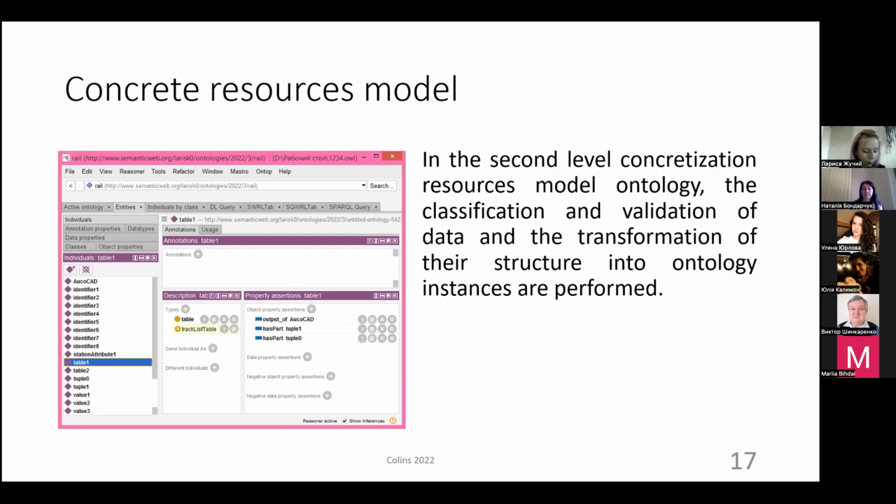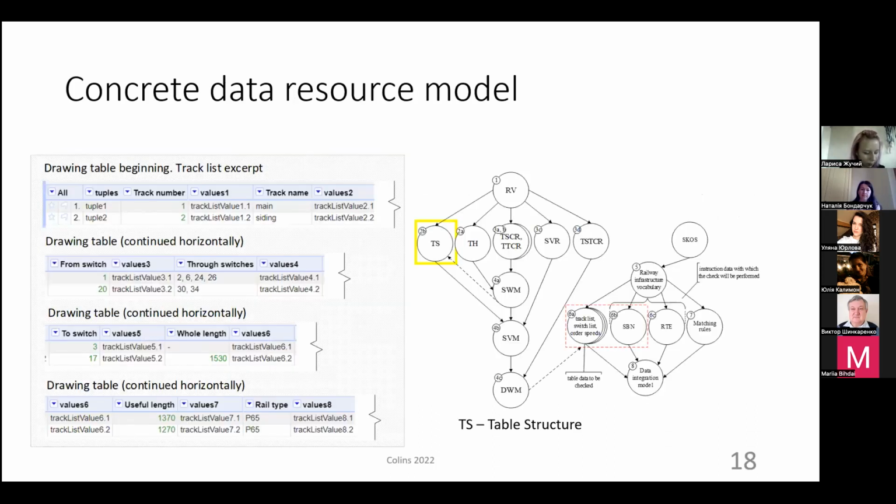In the class annotation, one gets open refined scripts to transform the table structure. The part of the instances representing the structure of the table is generated in OpenIFind. The table structure ontology of the concrete resources model is presented in the diagram of the procedure for forming a modular ontology of the railway infrastructure.